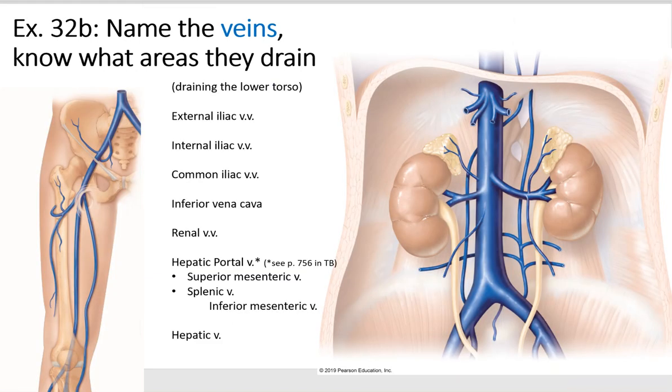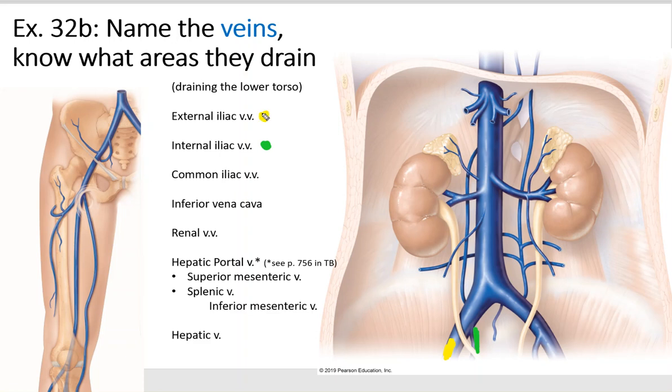Almost done. All right, so your femoral vein is going to drain into the external iliac, which we can see a little bit of external iliac right here. And then we can see the internal iliac right here. Internal iliac, green, draining the pelvis.